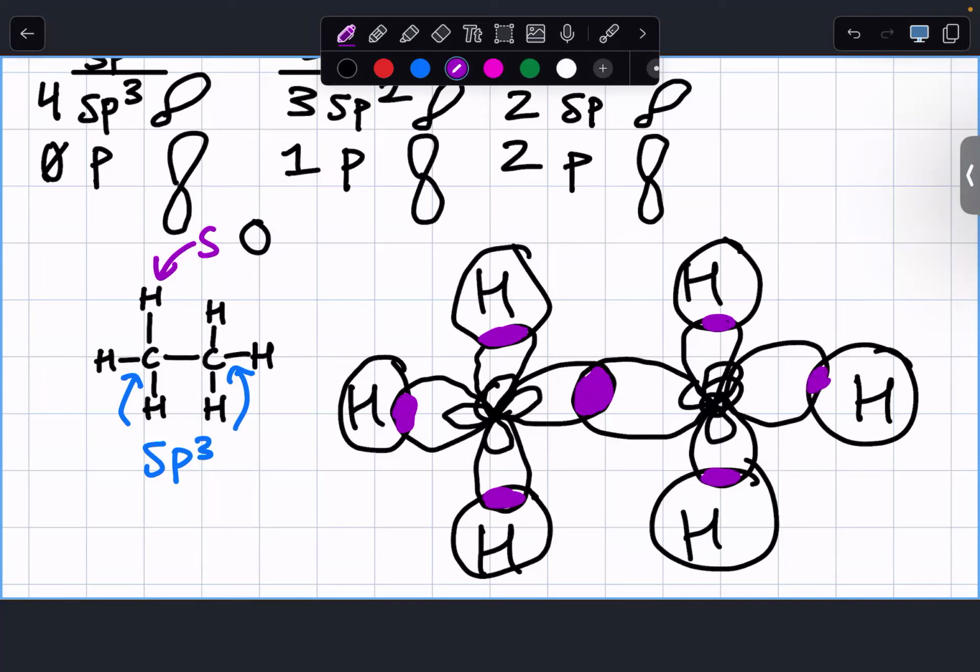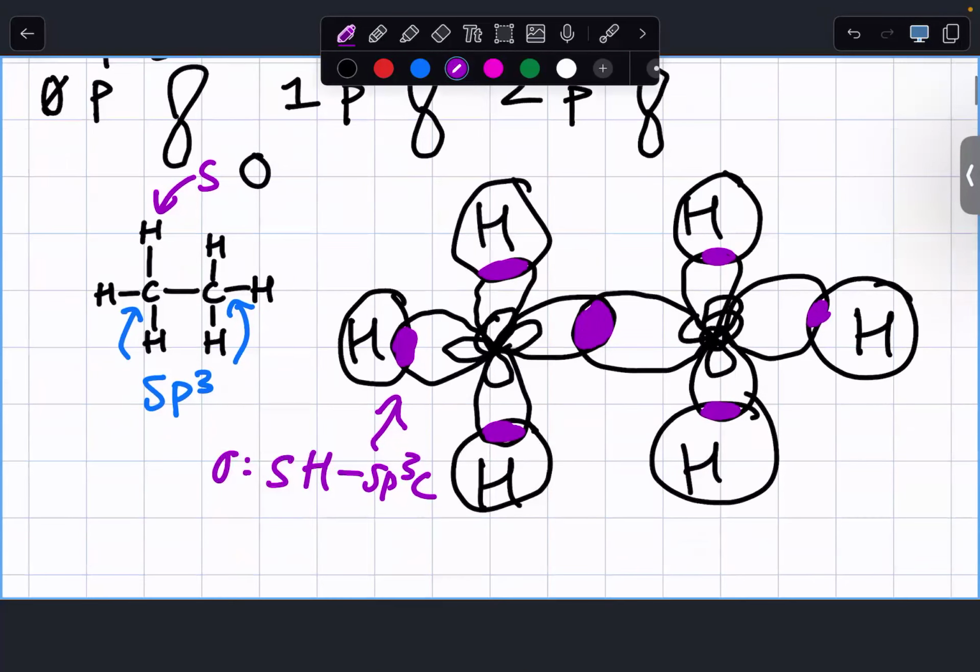But not all of these sigma bonds are the same, because this sigma bond right here is between an s orbital on the H and the sp3 orbital on the carbon, right? But the sigma bond here is between the sp3 carbon and another sp3 carbon. Like this end-to-end overlap here is overlapping between an sp3 orbital and another sp3 orbital.